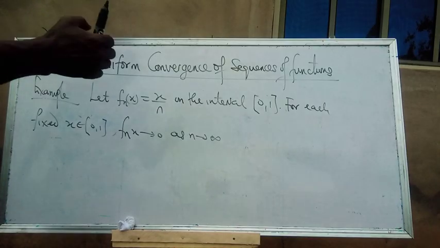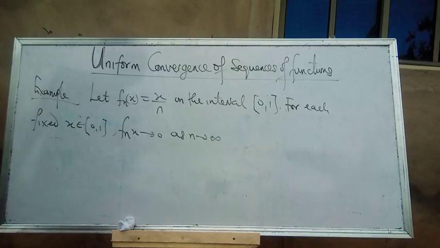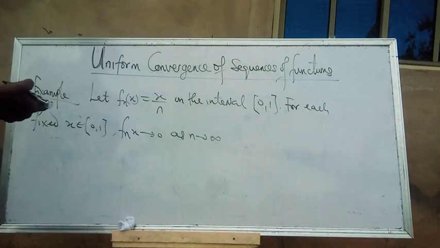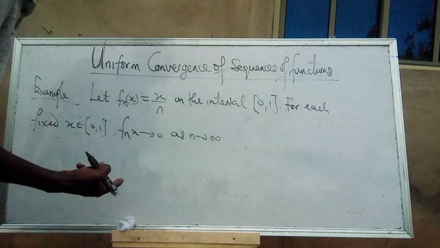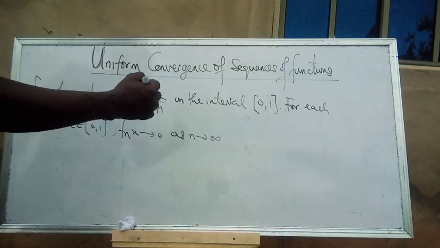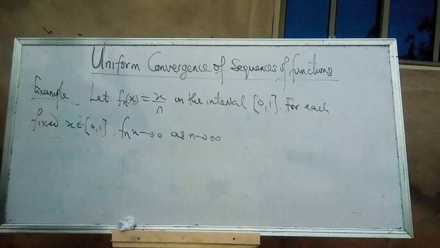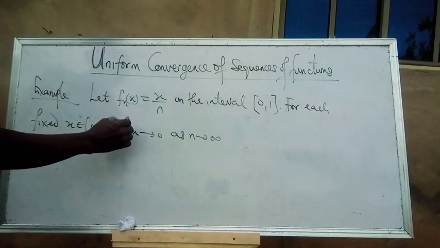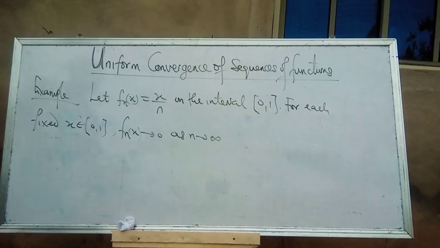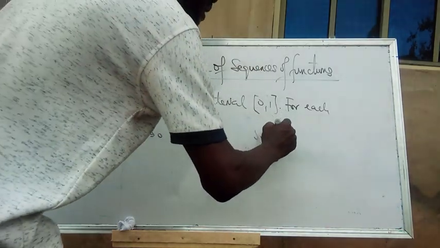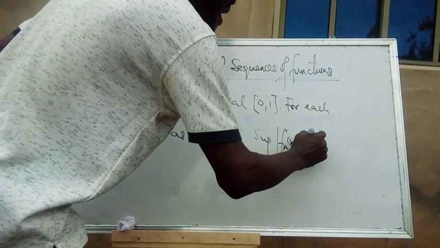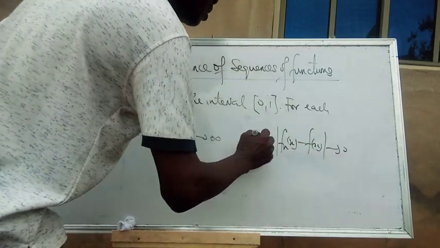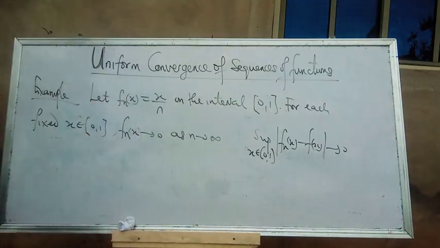If you pick a point x in that domain, x could be 0, 1 over 2, 1 over 3, or 1, whatever x you pick, the sequence of functions fn of x will definitely converge to the limit function, which must be 0. From our definition, the supremum of the absolute value of fn of x minus f of x must tend to 0 when x is taken from the domain. So our f of x, the limit function, must be 0.